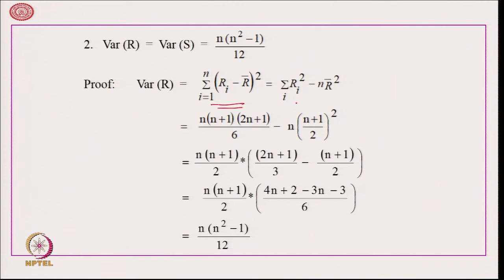Also we can write it as the sum of R_i² minus n times R bar squared, that is the alternative formula for variance. Now, if we simplify them, we find that the variance of R is equal to n(n²-1)/12. In a very similar way, the variance of S is equal to n(n²-1)/12.